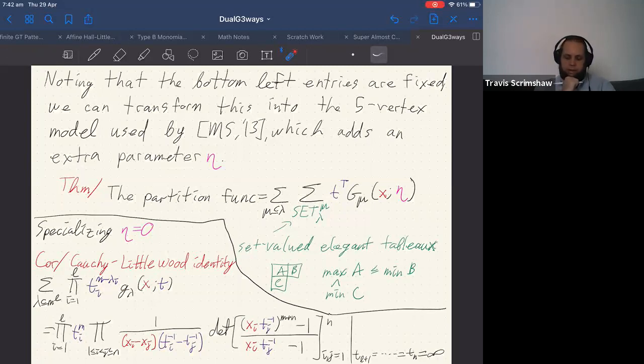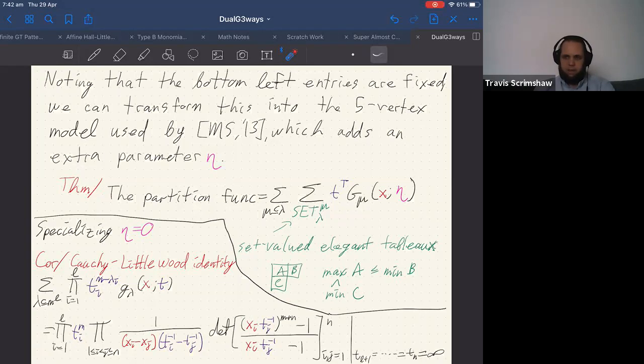That's another way you can think of the set-valued condition. I don't know too much about what these symmetric functions actually are, but maybe they'll be of interest and someone can connect them with an interesting object.